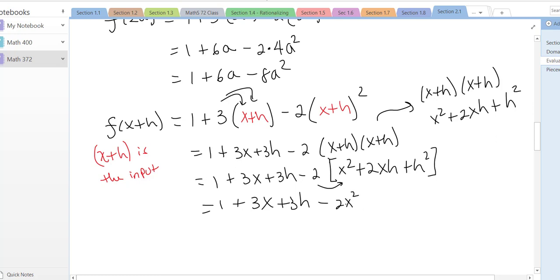Make sure you take the negative with you. So negative 2 times the 2xh becomes minus 4xh, and then minus 2 times h squared is minus 2h squared. And now you look for like terms. Do we have any like terms? Does not look like it. So this will be as far as you can go.